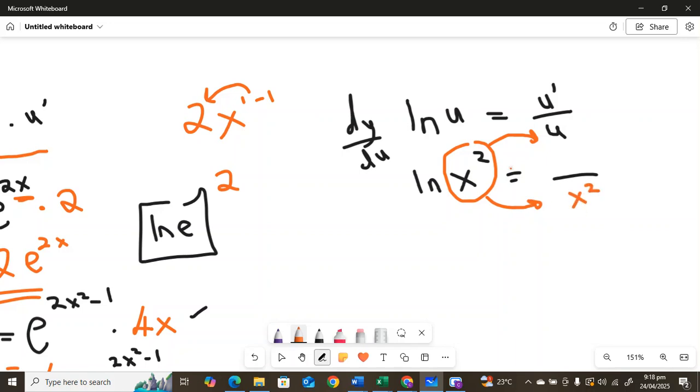So when we derive x squared, what do we get? 2x, yes. And we can simplify this further. Since we have an x squared at the bottom, we can cancel out 1x. So our answer is 2 over x.